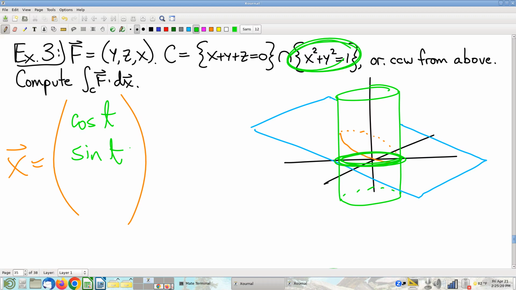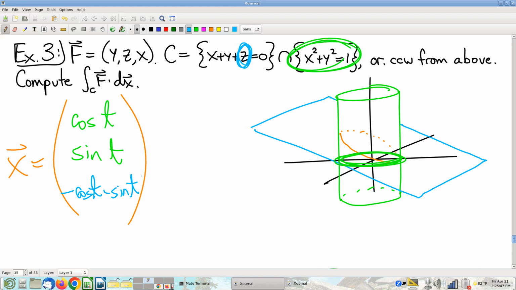Turns out z is easy to find because you can see right here that any point on this blue plane, the whole orange curve, of course, is on the blue plane, z is just negative x minus y. And I know x and y. So that means z is minus cosine t minus sine t.